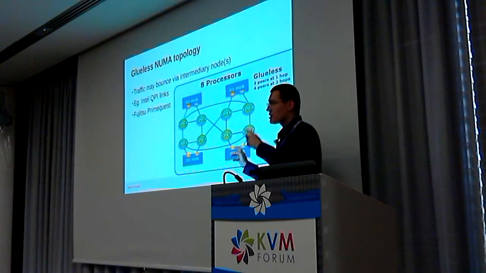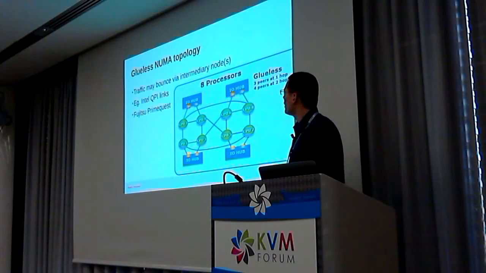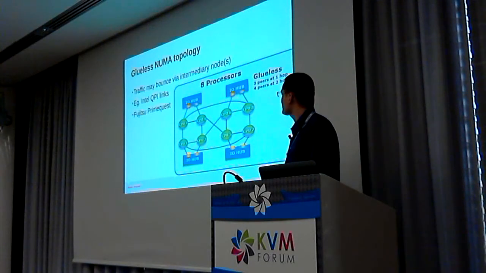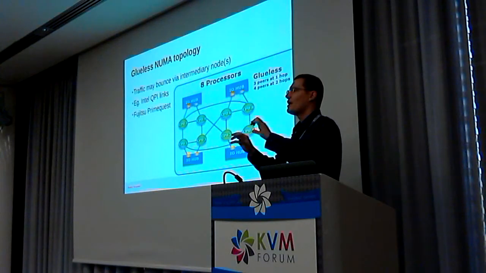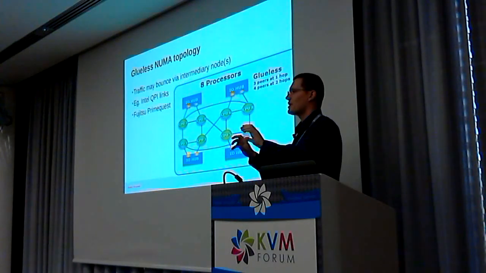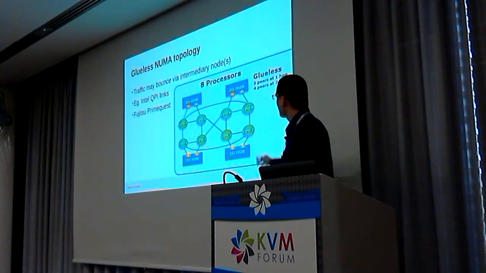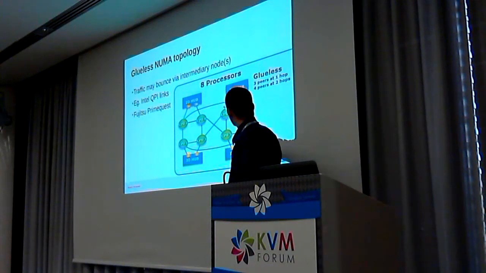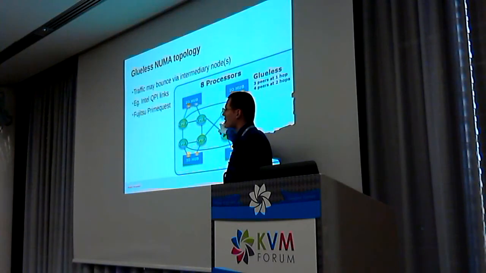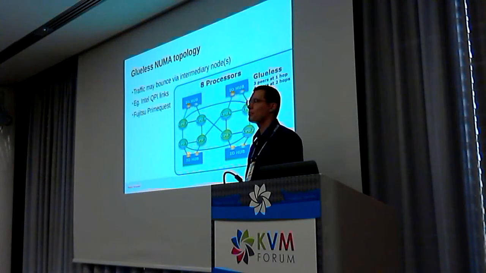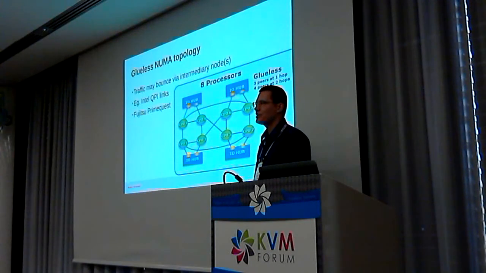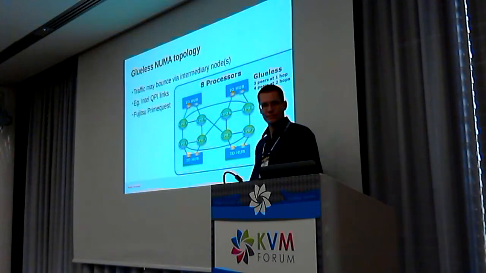The big difference with the topology of the HP system is that on the HP system, the hops in between are node controllers. They cannot run programs. On this system, going from node 3 to node 8, the hop that is in between is also a NUMA node, and it can also run programs. And this changes the algorithm a little.